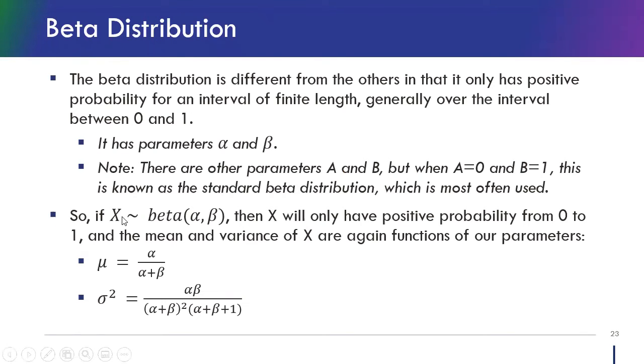I have this information listed for you: if X follows a beta distribution with these 2 parameters, then X will only have positive probability from 0 to 1. And the mean and variance of this random variable are functions of alpha and beta. These are just formulas for you to use when you're trying to find the mean and variance of this beta distributed variable.